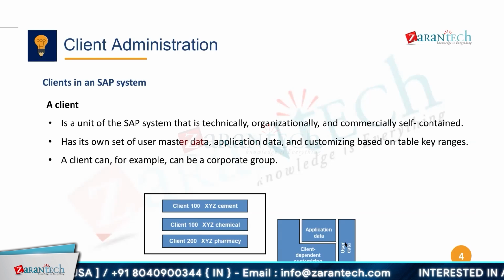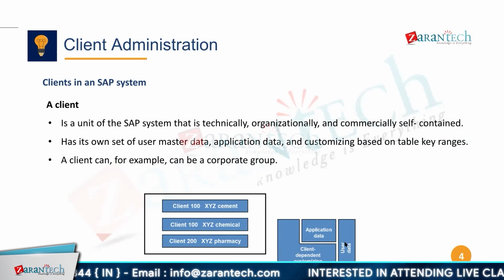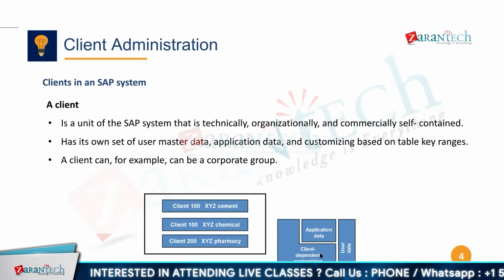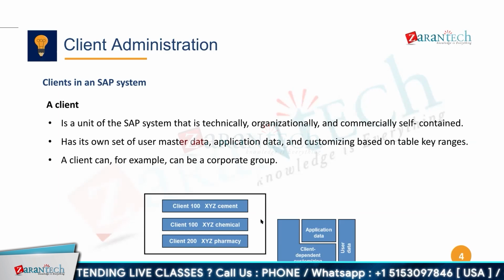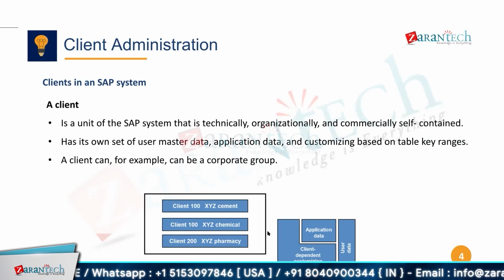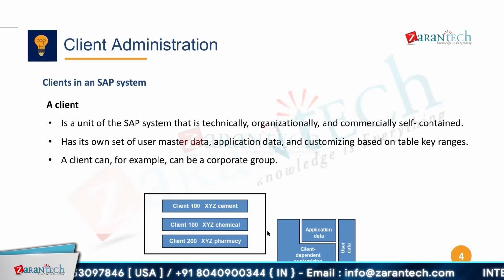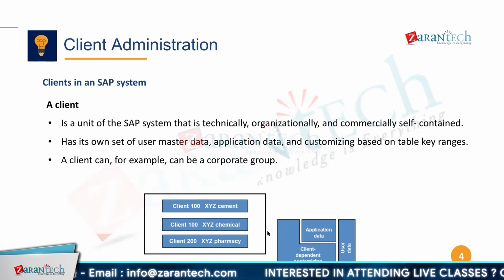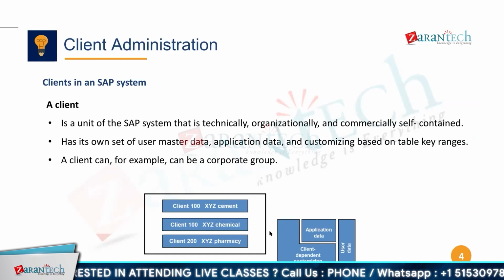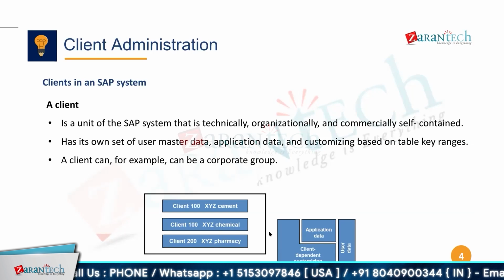Then I will explain what cross client is. Slowly I will take you to the deep level, don't worry. Now, client dependent customizing. For example, Tata Steel could have done some customizations in client 100, and the IT team could have done customizations in client 800. Whatever customizations you do apply only in that particular client; they are client dependent. There is an option to do cross client customizing also, and I will introduce that slowly.